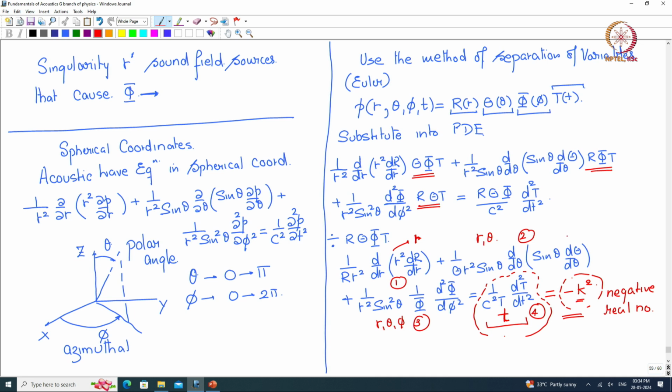I will take 2 and 3 to the other side and bring minus k square to the left.